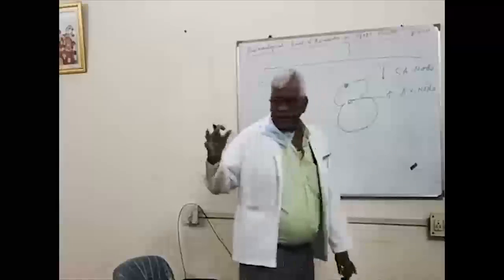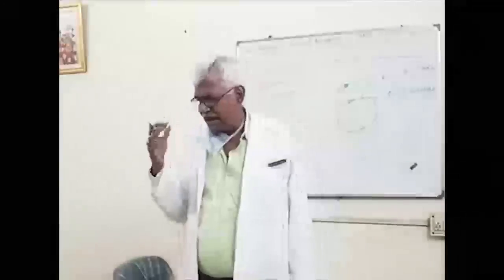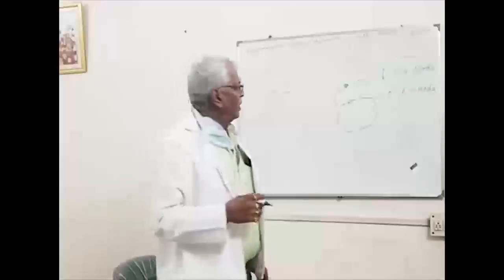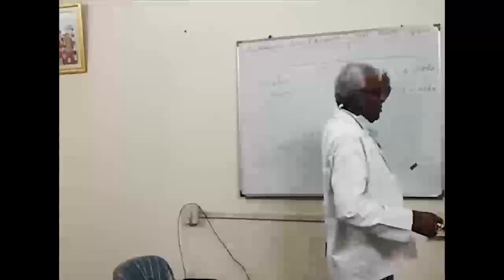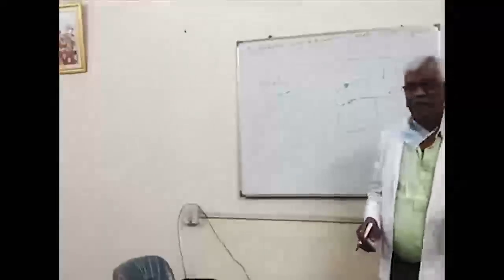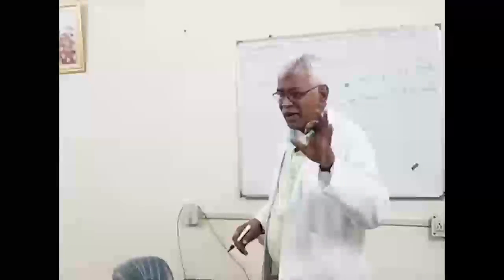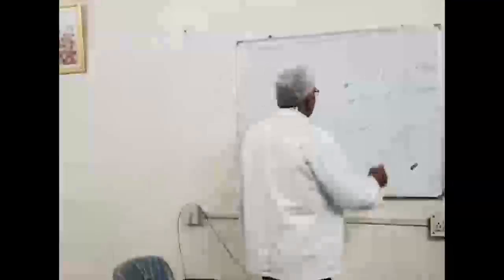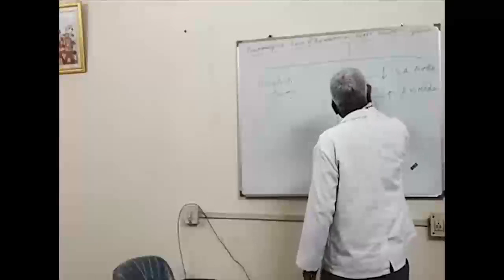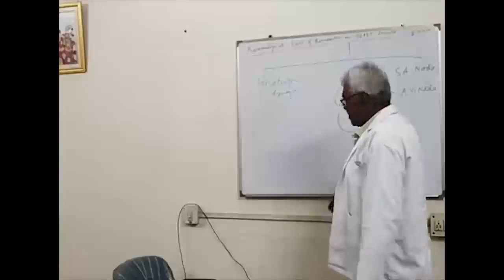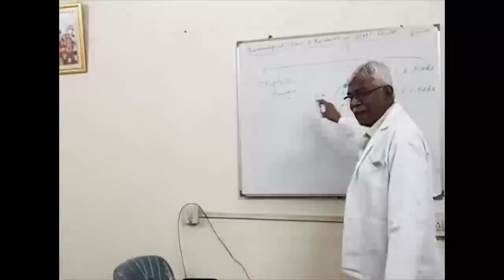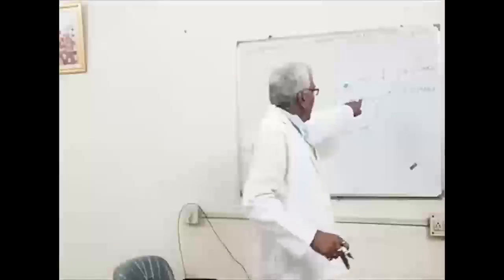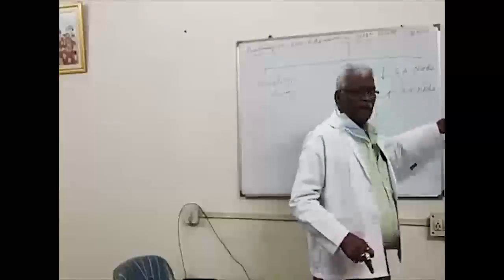So what happens if there is atrial fibrillation, if the atrium contracts rapidly, and if the effective refractory period is decreased? All the flutter will be converted to fibrillation, and there will be rapid bombardment of this fibrillation to the AV node, but here it is getting an obstacle because the refractory period of the AV node has increased.